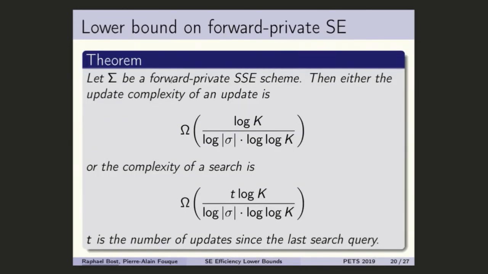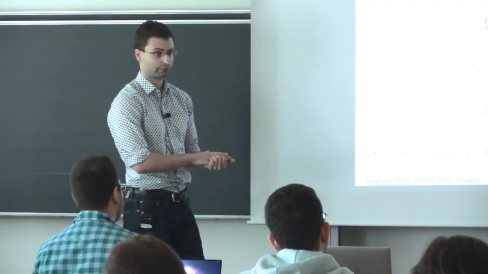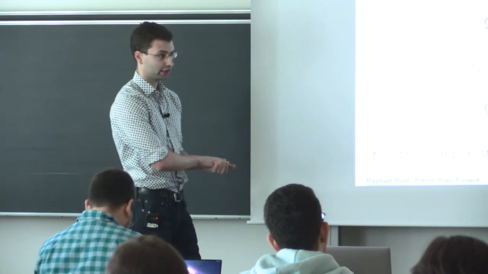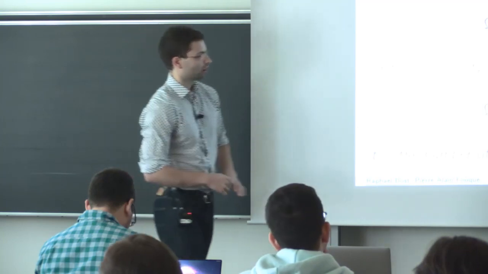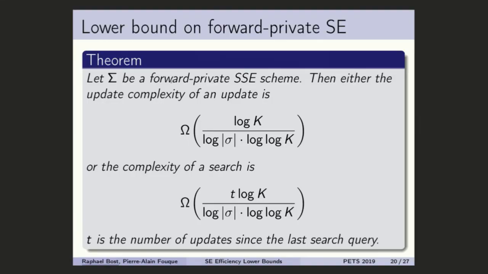What we showed in this paper is that actually this is a lower bound. There is a relationship between the number of distinct keywords and the search complexity, or the size of the client's state. Essentially, I think the most important part is this: it says that the update complexity is logarithmic in k if your client size is of size 1.